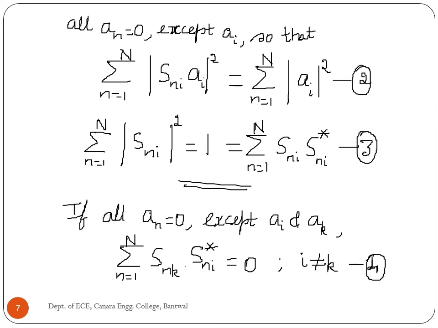In matrix notation, these relations can be expressed as S conjugate and S matrix transpose, that is the transpose of the S matrix, is equal to the unity matrix.